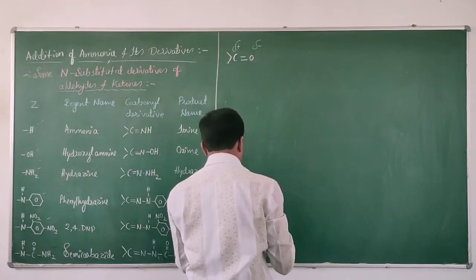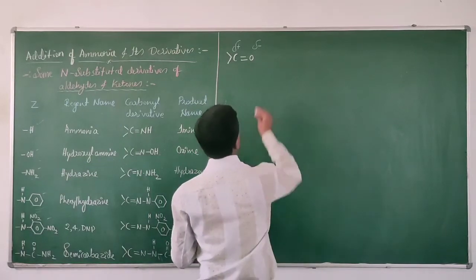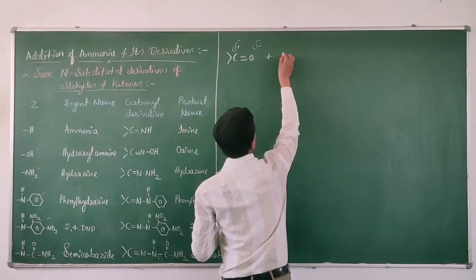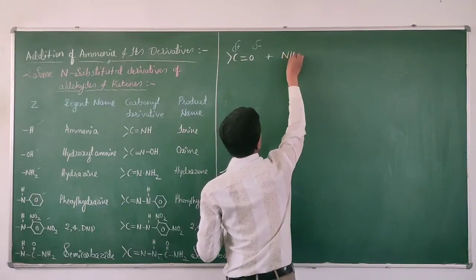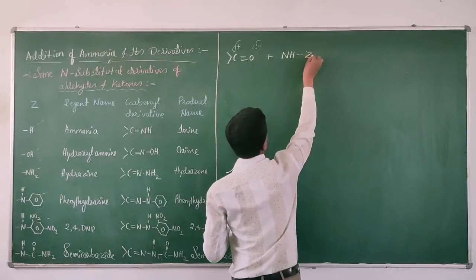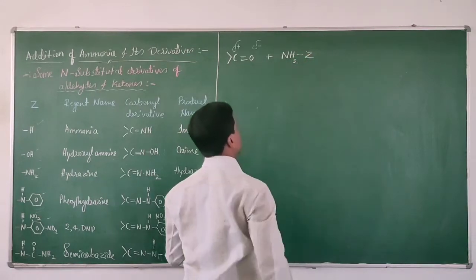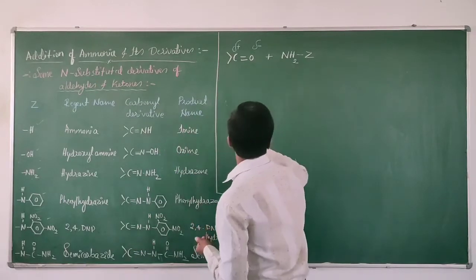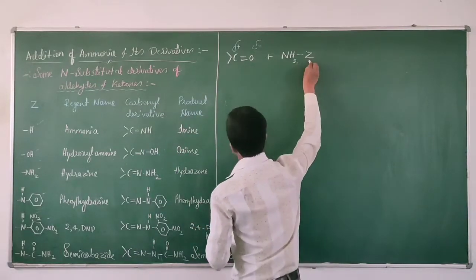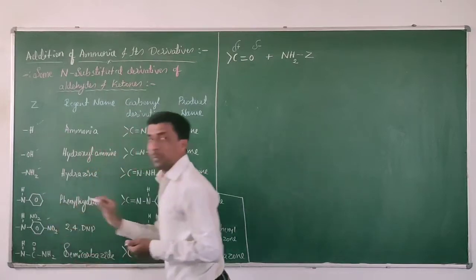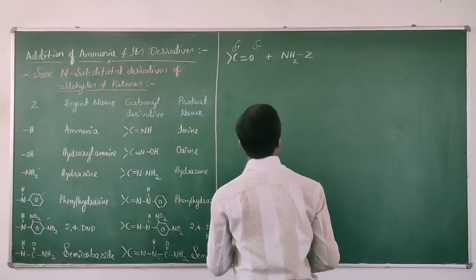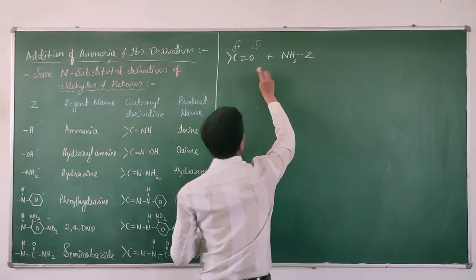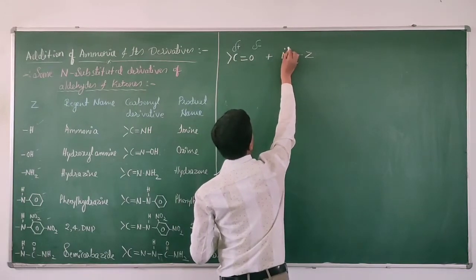Now this reagent, NH2Z, is going to attack this compound. Z is some species that we have already discussed. However, this has lone pairs.